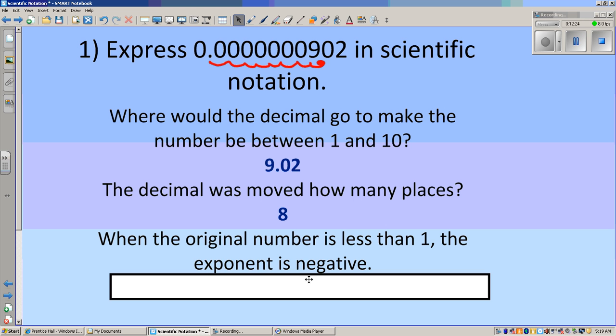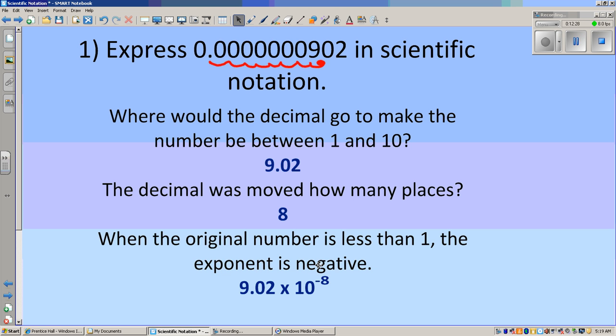So in scientific notation, this should look like 9.02 times 10 to the negative 8 power, where negative 8 represents how many times we moved our decimal to the right, and the 9.02 is our number when we moved our decimal to get a number between 1 and 10.